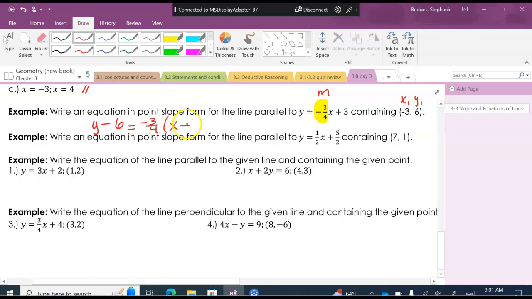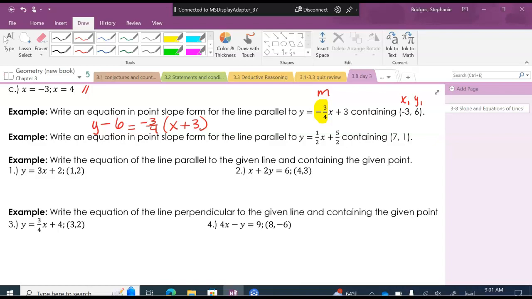And when you minus a negative, what does that turn? So that's what my equation should look like. I really didn't have to do anything other than decide what slope to use. Everything else is just plugging it into a formula. So far, so good? All right.